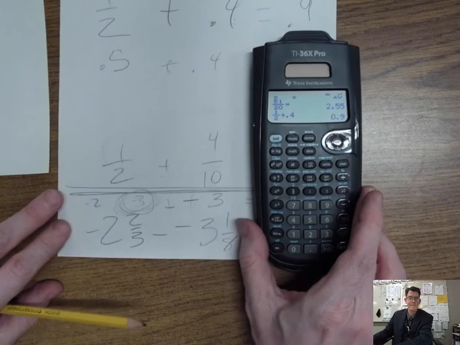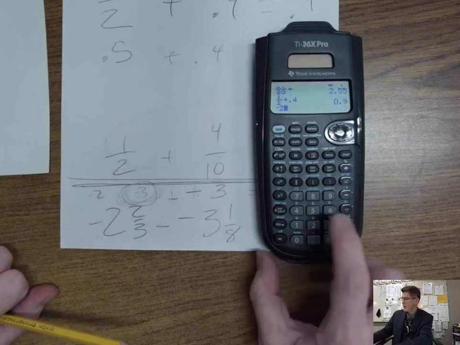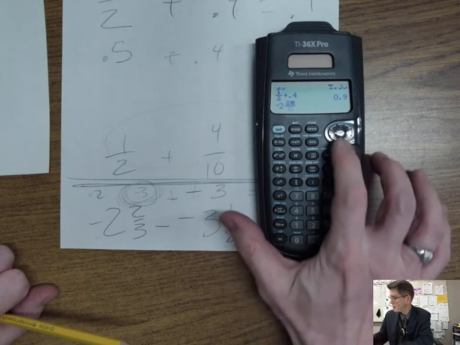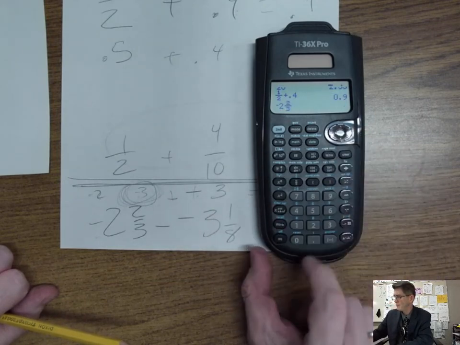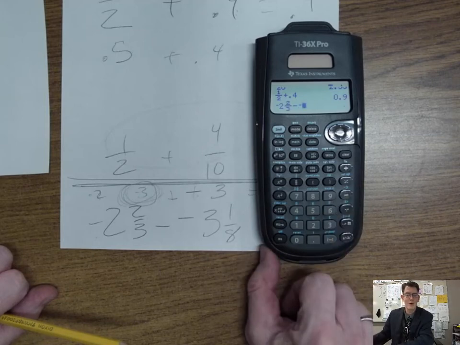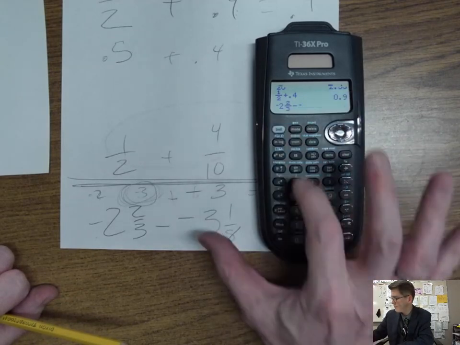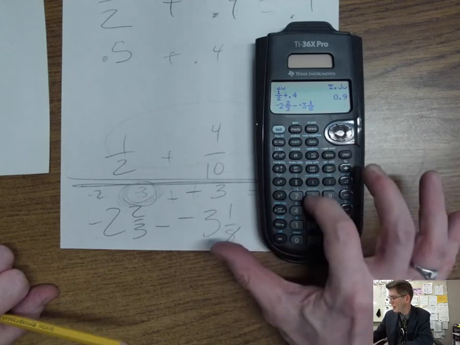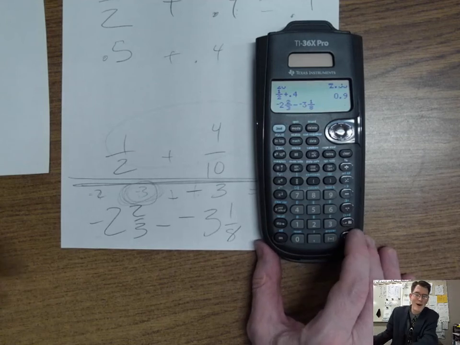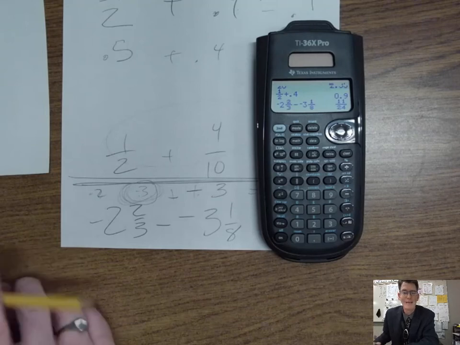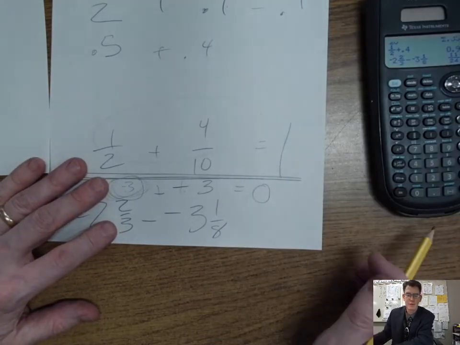There's some light. Negative 2 2/3 minus a negative, you have to hit those keys that way, 3 1/8. 3 with the arrow keys and 1/8. Part of this assignment, yes, is to see if you're entering the numbers correctly into the calculator. 11/24.